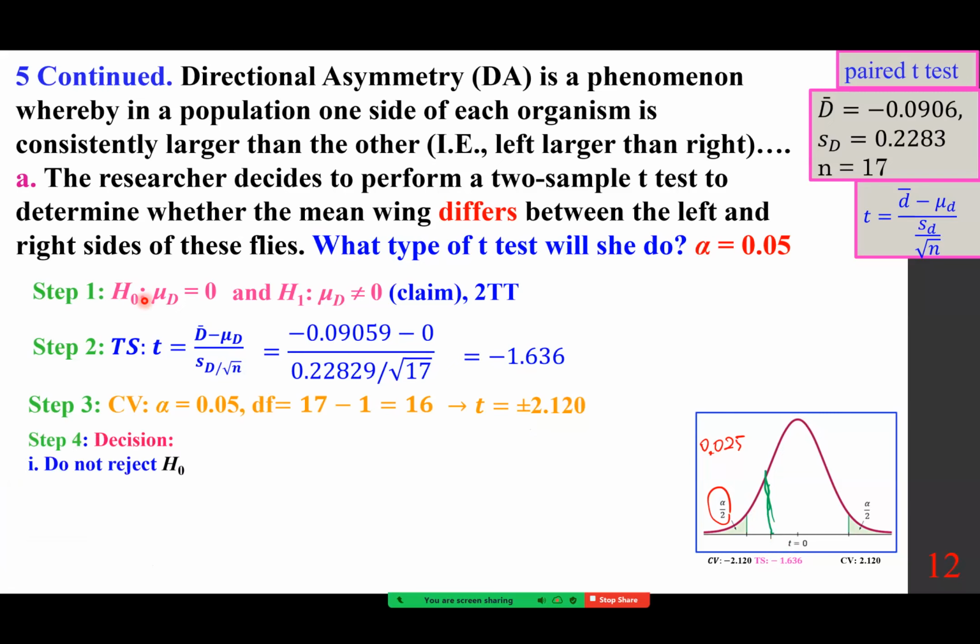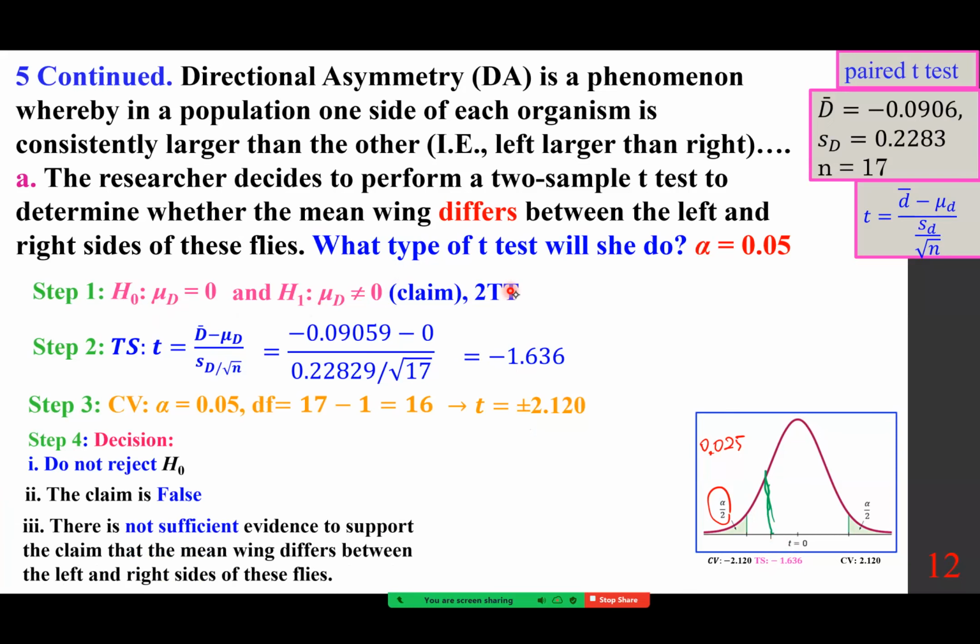If you're not rejecting H0, you're rejecting H1, the claim, therefore the claim becomes false. If it's false, that means there is not sufficient evidence to support the claim that the mean wing length differs between the left and right sides of these flies.